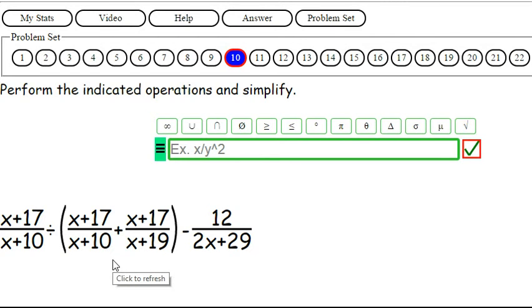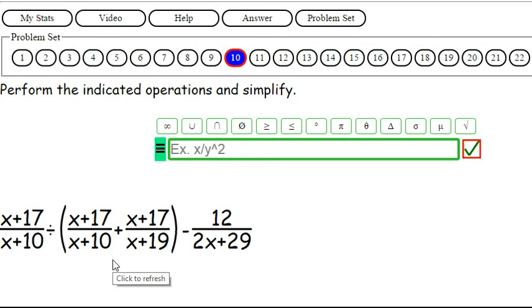Oh my gosh. The last one looked like a mess, but it wasn't too bad. But this one, I'm not so sure about all that. So we're writing this down right now. And I can see we don't have a common denominator.